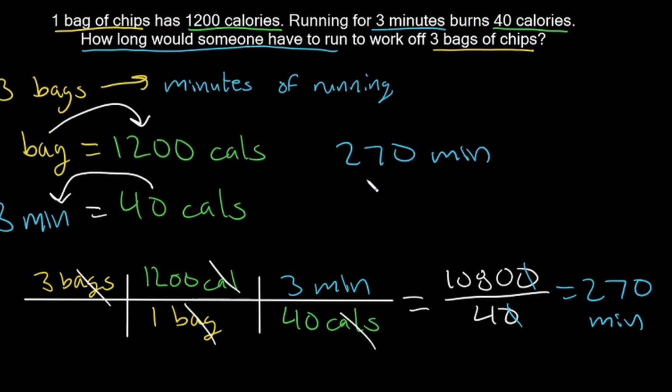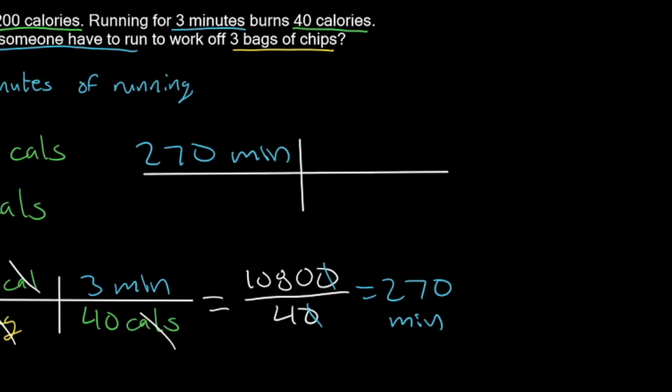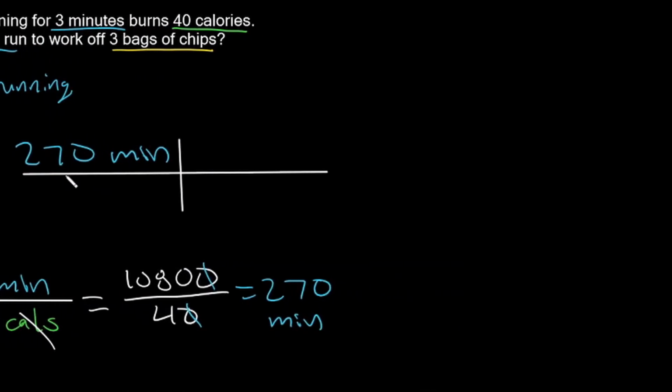And what if we wanted to do another conversion and put this into hours? So let me just scroll over. What if we wanted this in hours? Well, what would our conversion factor be for that? Well, we know we want it in hours, so let's put 1 hour. So how many minutes would that be?